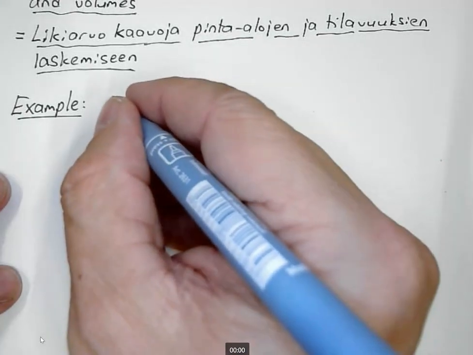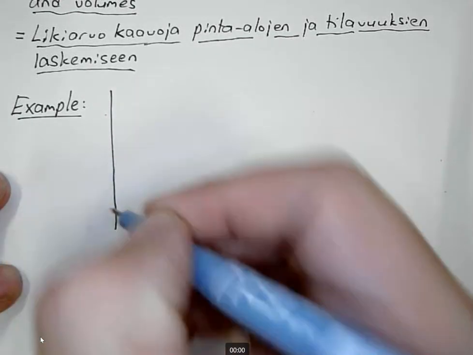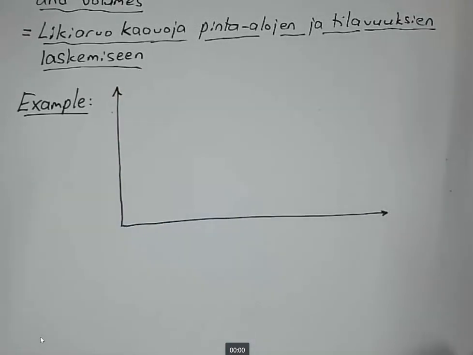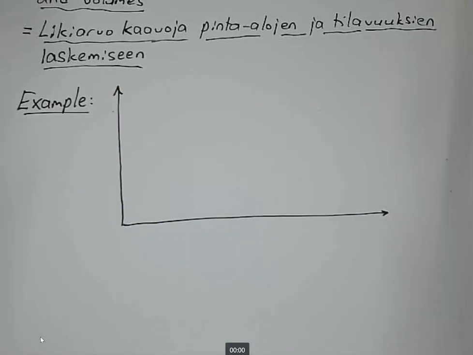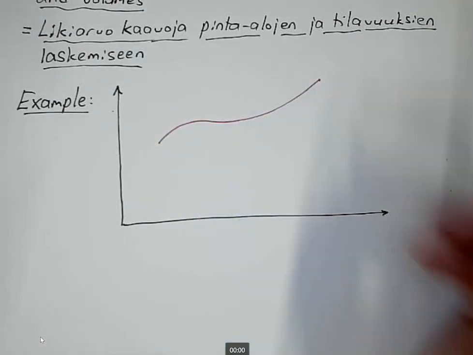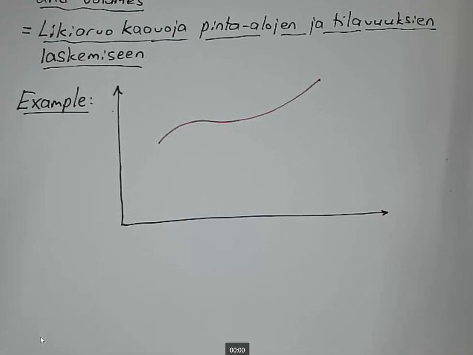For example, if we have some kind of coordinates here, and we have some kind of area, let's take it like this, and we want to calculate the area.